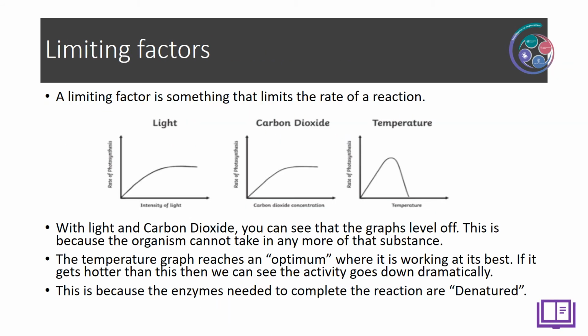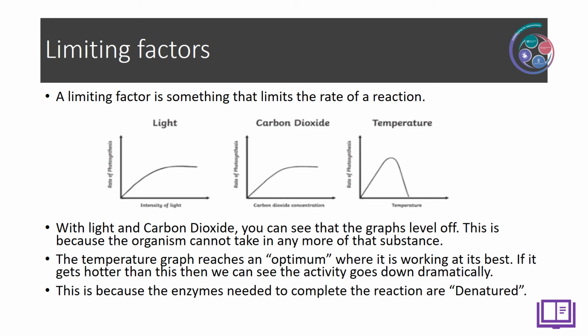Okay, so when we're looking at these kinds of graphs, there are important things to think about. You can see that there are three graphs there, and we're going to talk now about limiting factors. A limiting factor is something that limits the rate of a reaction, and when we're talking about different reactions, we can talk about different limiting factors.